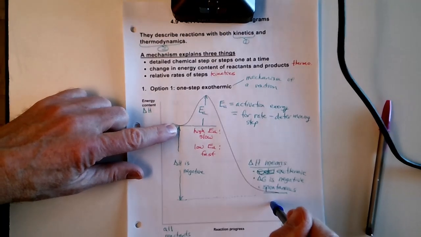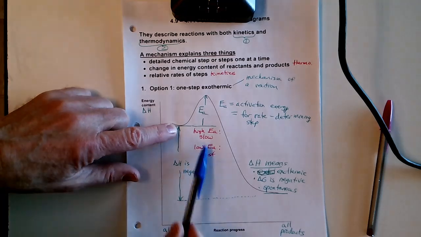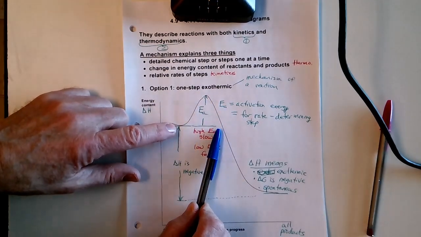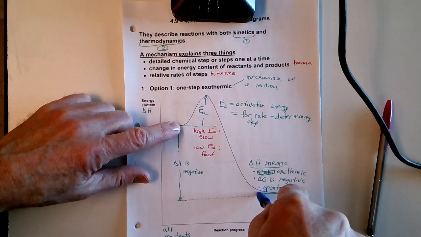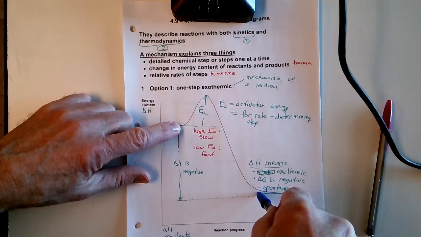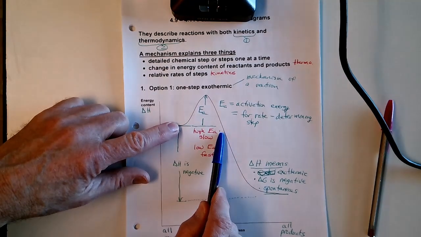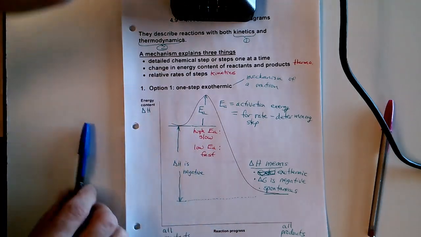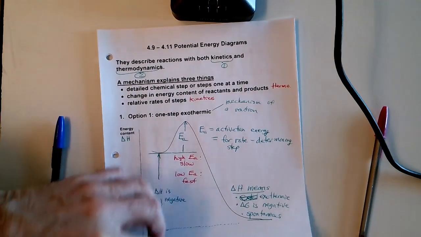That means the reaction does want to happen all on its own. It will happen as long as you can give it enough of a kick to overcome the activation energy. Now, saying that it does want to go doesn't mean it gets there fast, right? It could take forever to get there until you give it a little boost, which is called activation energy, and that makes it go. So there's an option, and this one's exothermic.